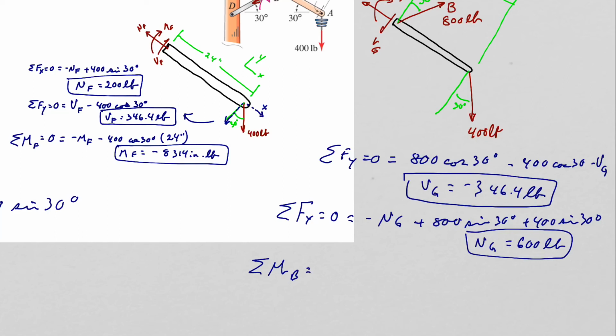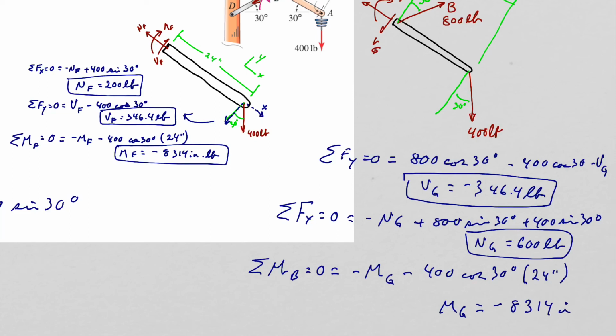And remember, it's infinitesimally close to B. If I do that, I have a minus MG, and then I have a minus 400 times the cosine of 30 degrees, and my distance is 24 inches. MG, my moment at G, then equals a minus 8,314 inch-pounds.